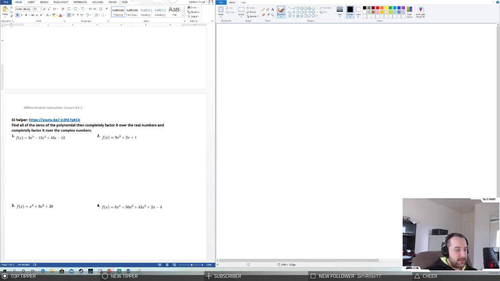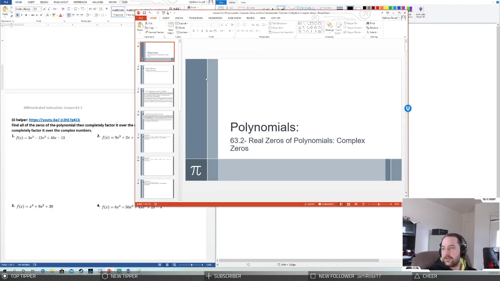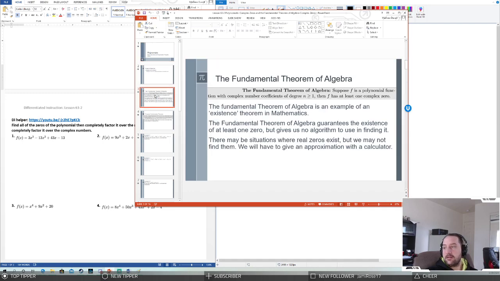So let's recap the lesson. We have the last lesson in polynomials, 63.2. In the last lesson, we defined what complex numbers are: the combination of real and imaginary. We're going to see these real and imaginary values within the polynomial. We started off with the fundamental theorem of algebra, which says that whatever your degree is, that's the number of zeros in your polynomial, including imaginary.